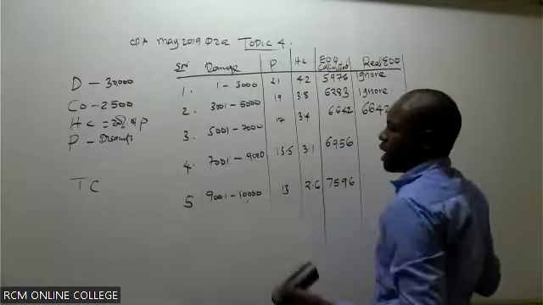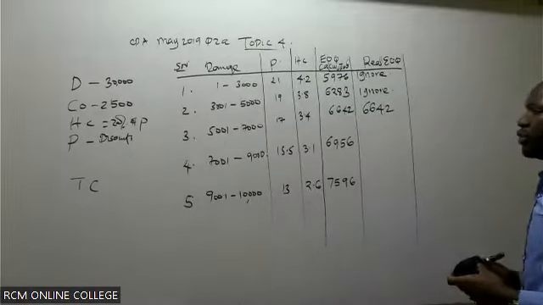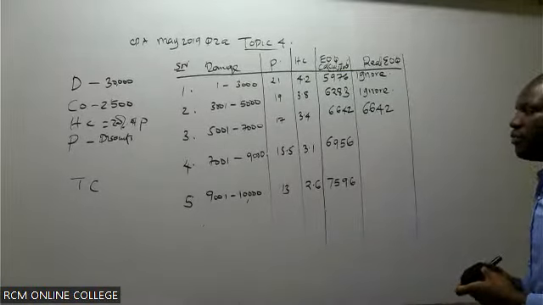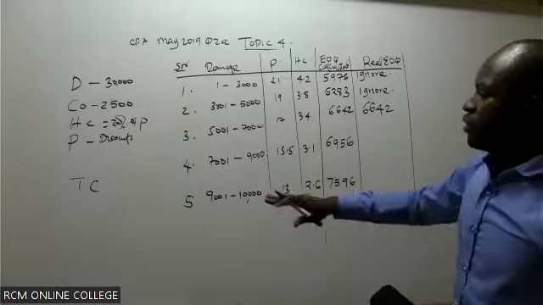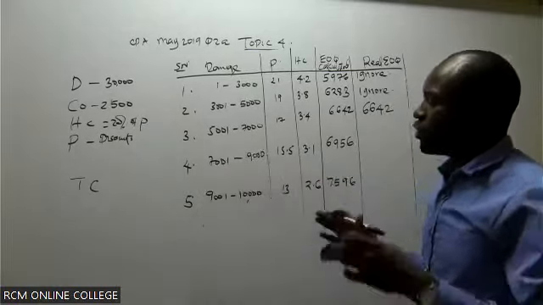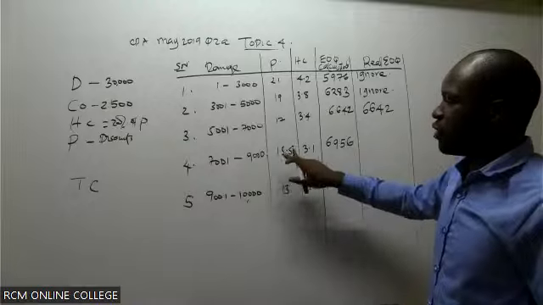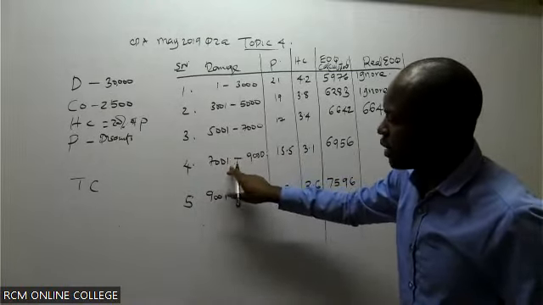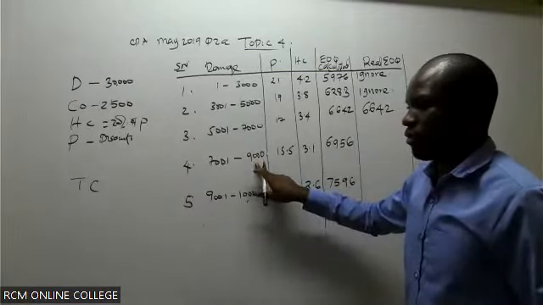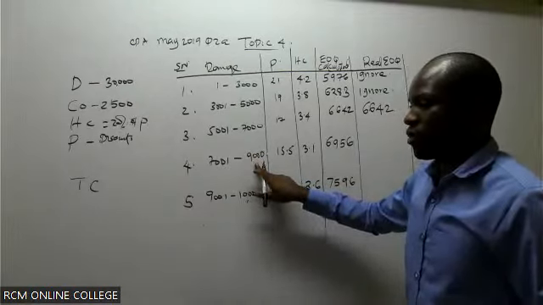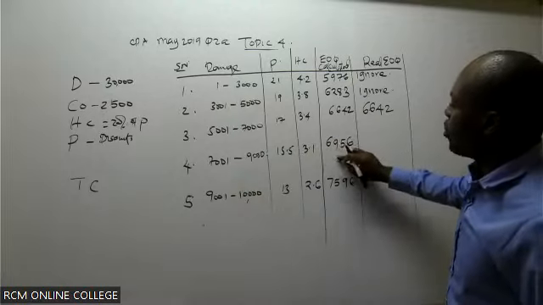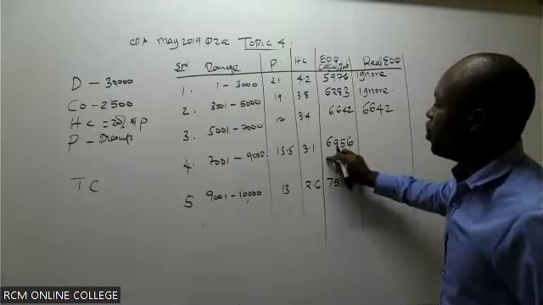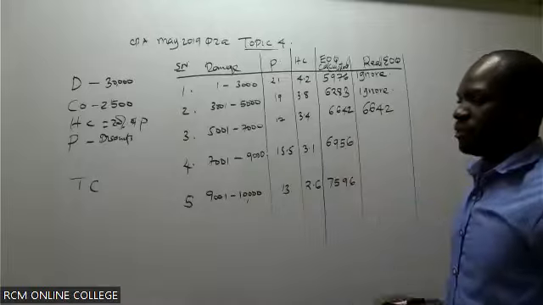Let's get to number 4 and then get another new concept. When you get to number 4 here, for us to enjoy that discount of 15.5, you must order goods between 7,001 to 9,000. Is our economic order quantity calculated below, within, or above the range?